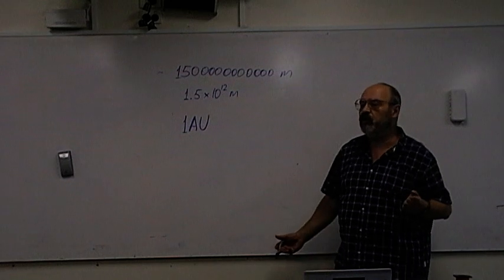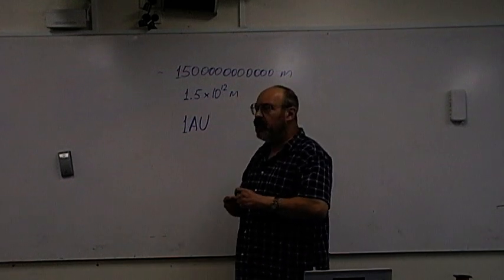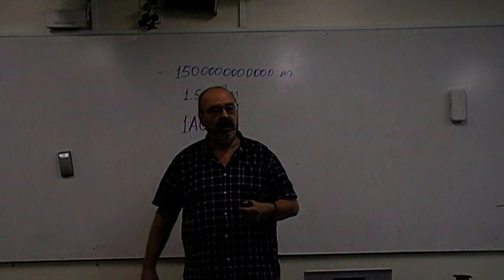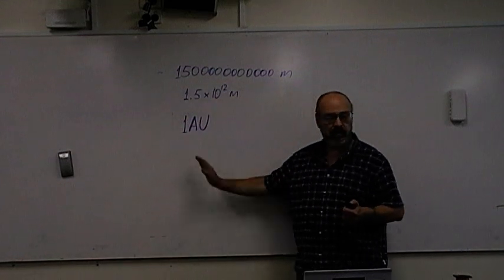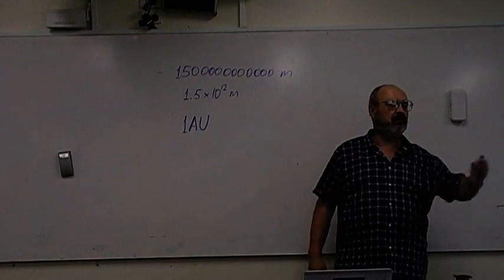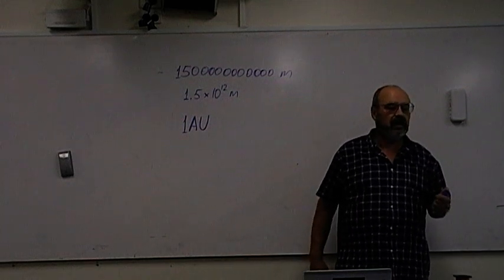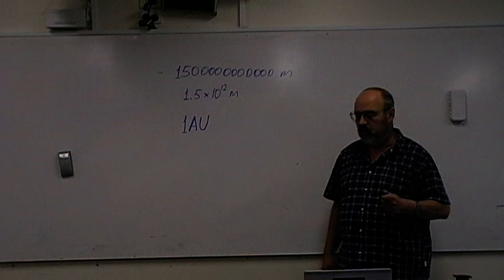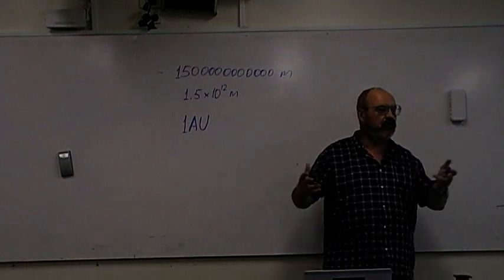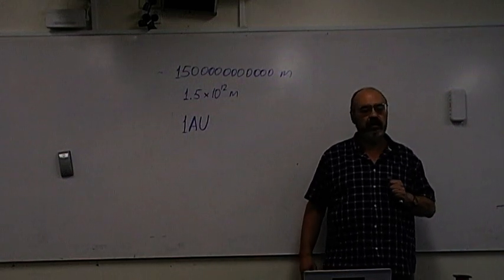It's very convenient to measure distances in the solar system using astronomical units, because the distance from Sun to Earth is 1 astronomical unit, and, let's say, to Jupiter will be a few astronomical units and so on.